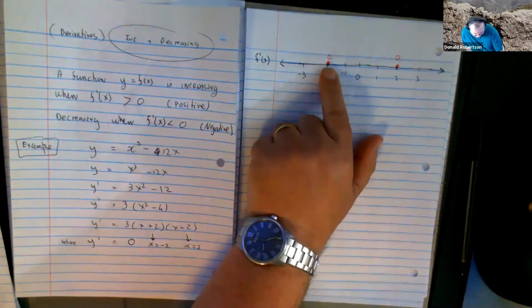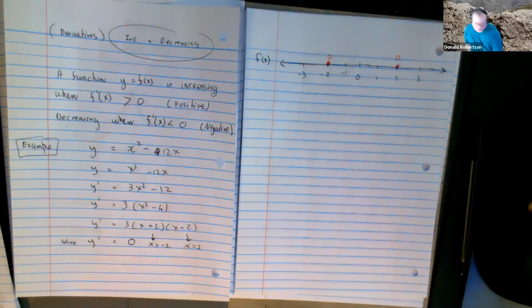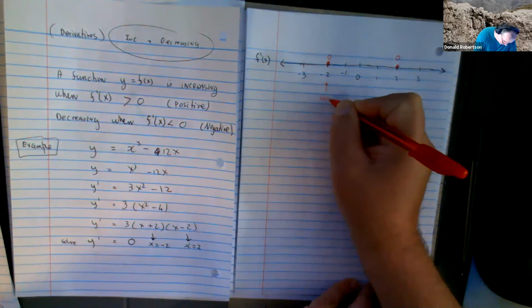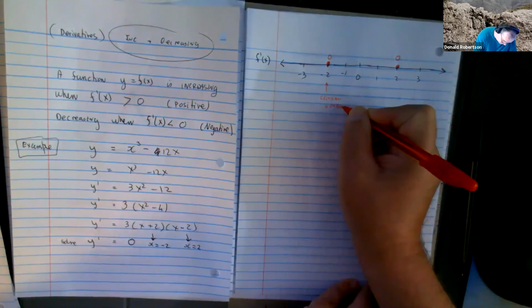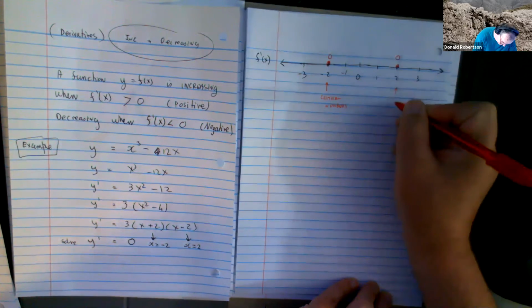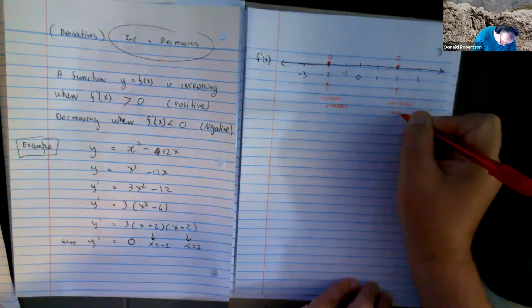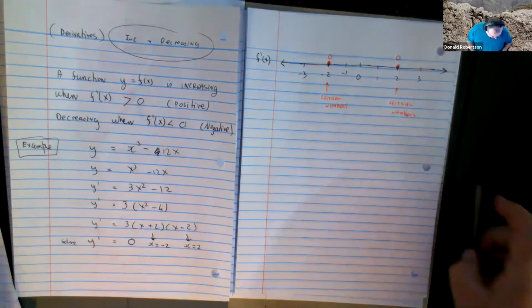And these guys, by the way, are critical numbers. So you know what those are anyway, right? These guys here are critical numbers. Well, what they do is they separate the x coordinates into places where the function increases and places where the function decreases. So what I do now is I basically just take a test point.